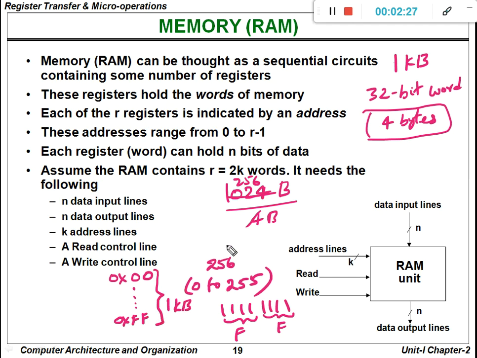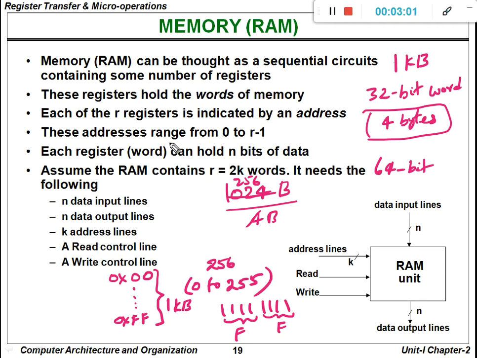If the size is increased, then the number of address locations will be increased, and accordingly we represent the addresses. If you are maintaining a 64-bit word, then the number of address locations will be decreased, because each word occupies 64 bits.